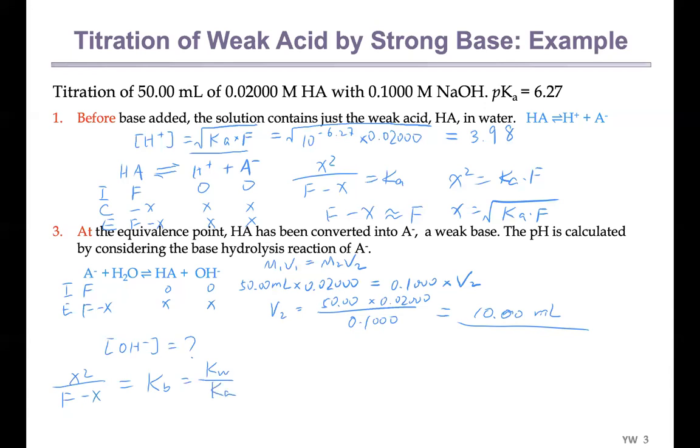Now the rest of the calculation is very similar to the first one, but the question is, what is F here? Or we should call it F new, because it's no longer the same F as at the beginning. And why is that? Because the volume changed, right? So what is the F new here?